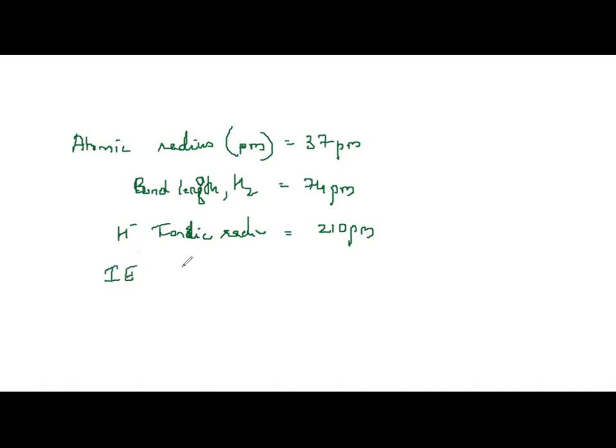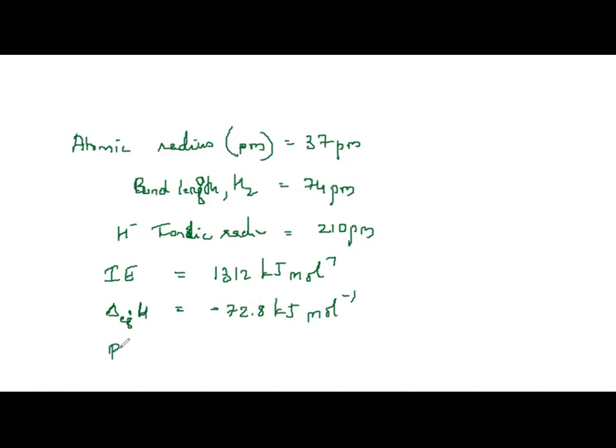Ionization energy, how much have we seen? It is 1312 kilojoules per mole. Its electron gain enthalpy is minus 72.8 kilojoules per mole. That much energy is released when it gains an electron.